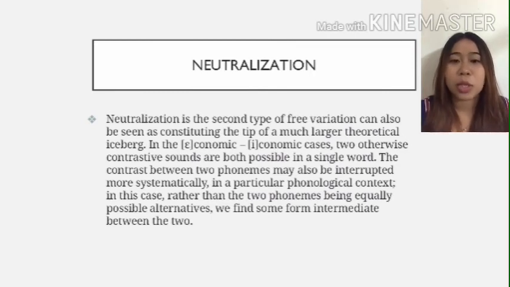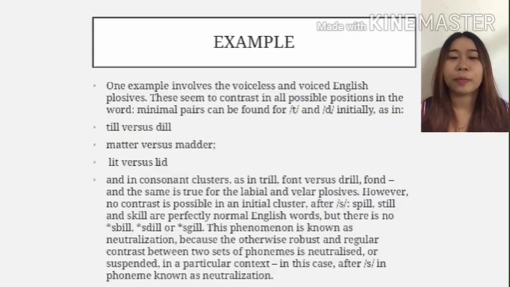The contrast between two phonemes may also be interpreted more systematically in a particular phonological context. In this case, rather than two phonemes being equally possible alternatives, we find some form intermediate between the two.